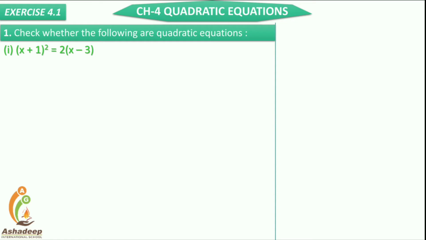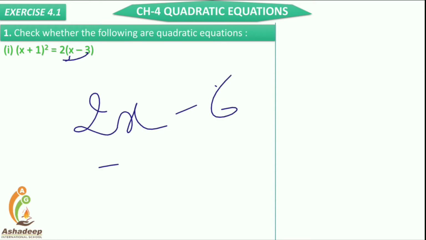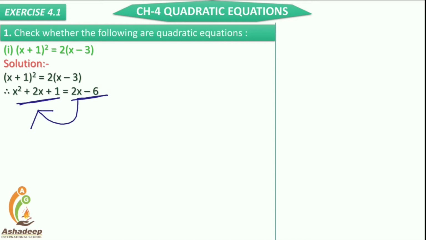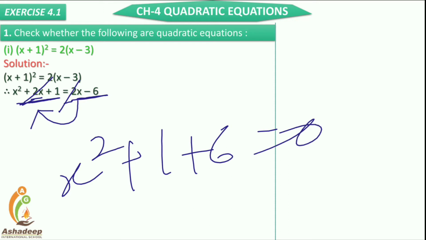And then on the right side, that is going to be 2x minus 2 threes are 6. Now let's see the solution. This is x square plus 2x plus 1, and this is 2x minus 6. If this 2x comes onto this side, it becomes minus. So plus 2x minus 2x becomes 0. So it is x square plus 1 plus 6 is equal to 0.